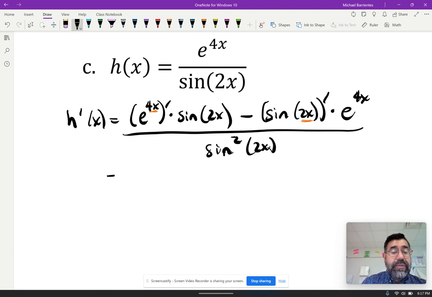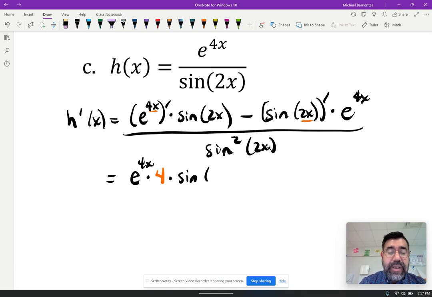When I do the chain rule, the derivative of e to the 4x is the derivative of the outer function, which is just itself, times the derivative of the inner function, the derivative of 4x, which is just 4. And then don't forget, we still have sine 2x there.